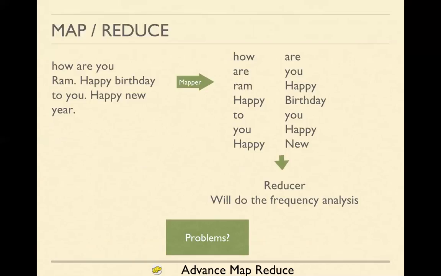And in case of Happy as the key, there will be birthday, comma, new. All right. That's what the reducer will get. Yes, that's correct, Karthik.